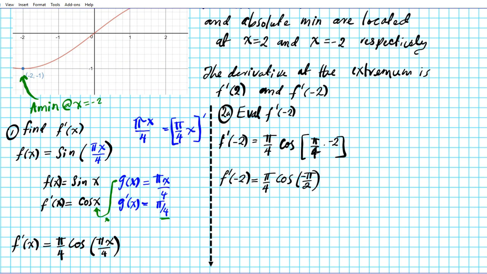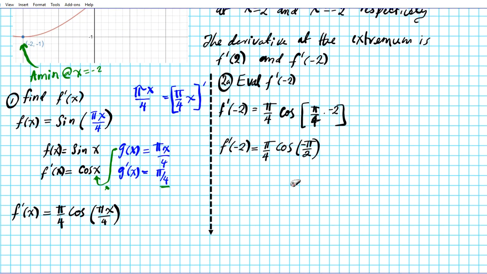We can use our cosine function to figure out what cosine pi over 2 is. Let's draw a small cosine function over here and figure that out. Or you can use a unit circle, whichever you prefer. Alright, so cosine has a max of 1 and a minimum of negative 1. And then that's pi over 2.